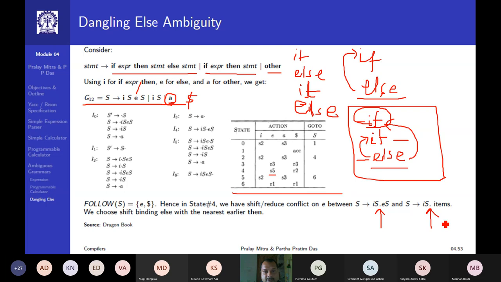Parsing or processing up to that if then statement, it is not possible to say whether it has an else part or not, unless you have a lookahead. So this kind of ambiguity you can also deal with using Bison.